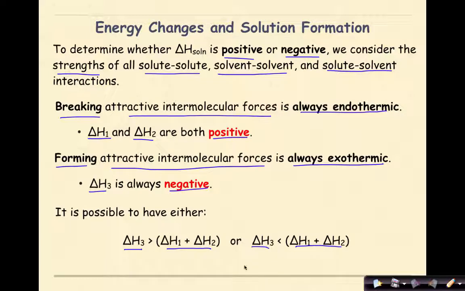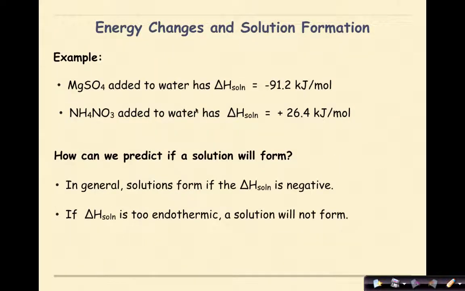Either of these situations can occur depending on what's involved. Let's look at 2 examples. Magnesium sulfate is added to water, and that's going to have a heat of solution that is exothermic, negative 91.2 kilojoules per mole. We compare that to adding ammonium nitrate to water. That's going to have a heat of solution of positive 26.4 kilojoules per mole, which is endothermic. So either of these situations can happen.